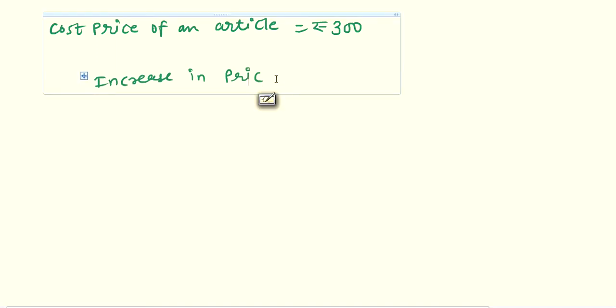Now he increases its price. The increase in price is 20%. We have to find the marked price.